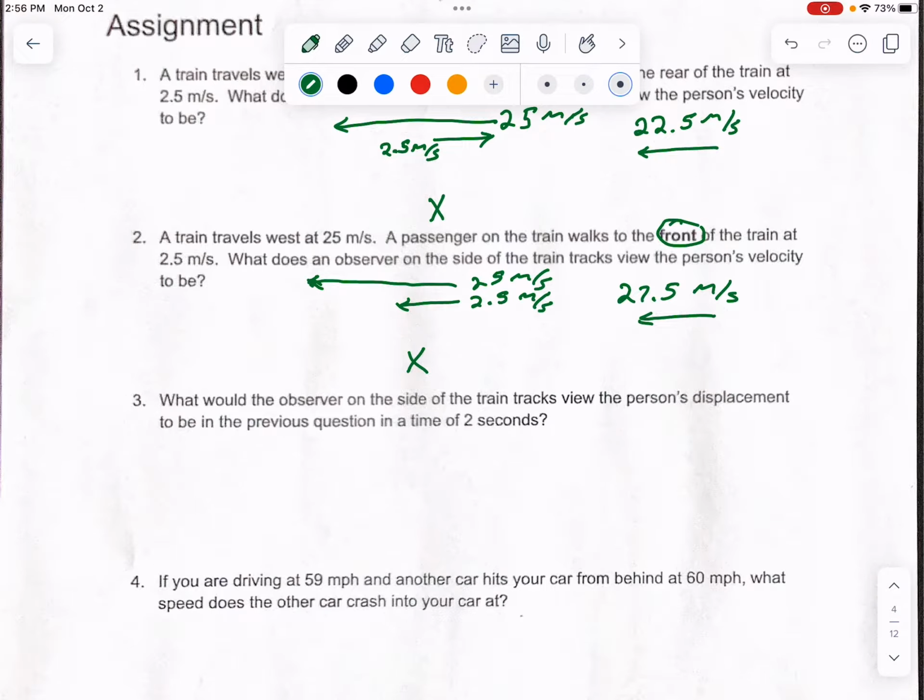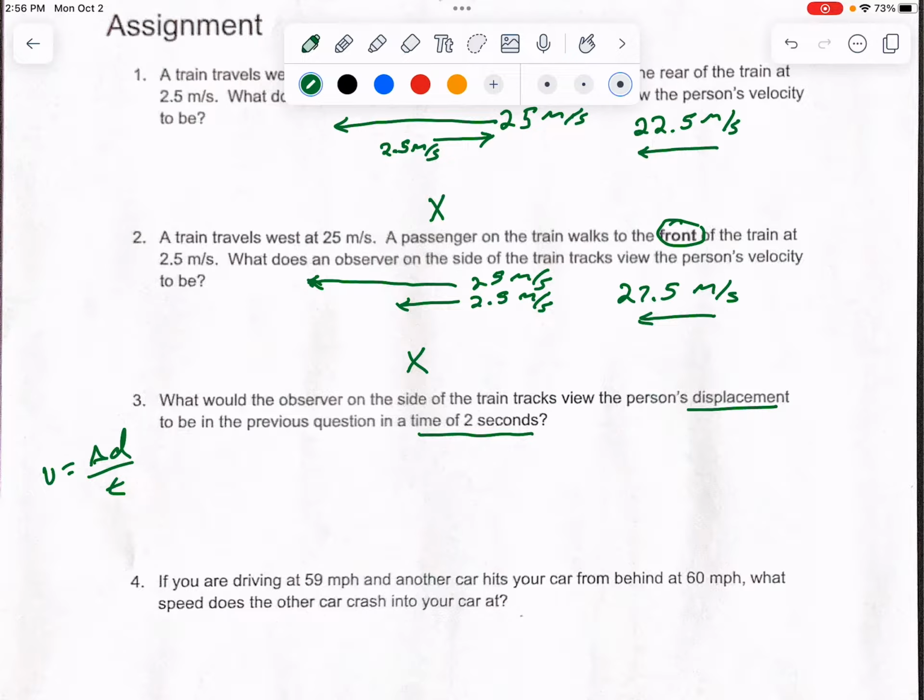Number three, what would be the observer on the side of the train track's view of the person's displacement in the previous question in the time of 2 seconds? One thing I've been saying in class is if we are not doing SOHCAHTOA or the Pythagorean theorem, the only other equation you're going to use in this unit is V equals D over T. Since they're asking for displacement and I gave you time, we're going to use that.